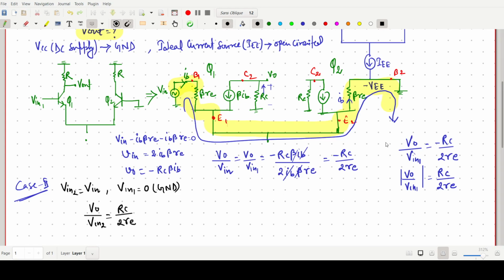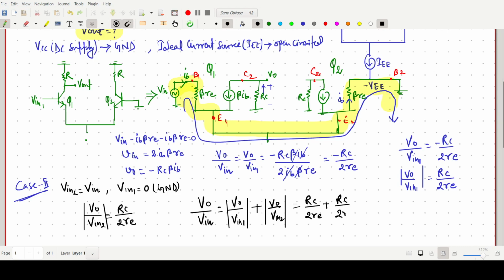So the overall gain is the sum of the magnitudes: RC by twice RE plus RC by twice RE, which is simply RC by RE.